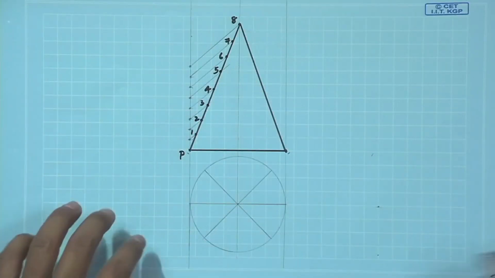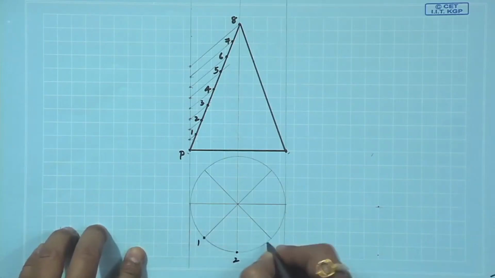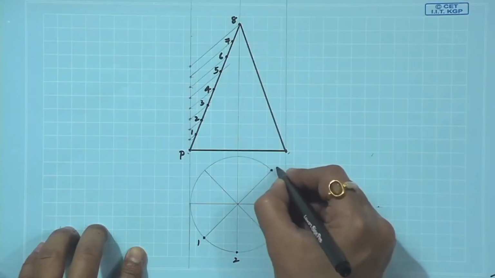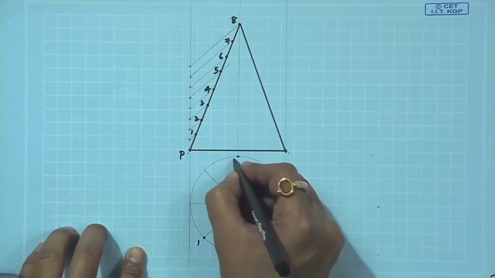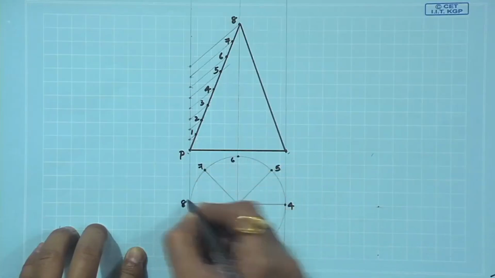Now, name them 1, 2, 3, 4, 5, 6, 7 and 8.